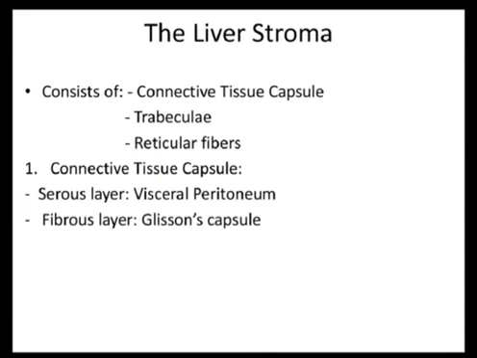Liver stroma consists of the connective tissue capsule of Glisson, which sends trabeculae in the form of septa inside to divide the substance of the gland into smaller compartments. If we talk about the anatomy of the liver, it has lobes: a right lobe and a left lobe, and the caudate and quadrate lobes.